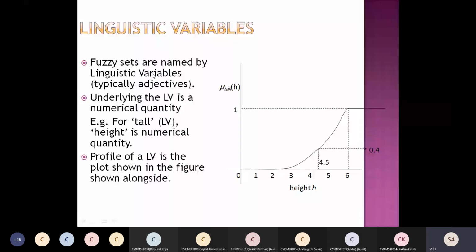Adjectives, adverbs. बहुत ज्यादा, बहुत कम, एवरेज, ये सबको रिप्रेजेंट करने के लिए ही हमने ये थ्योरी लाया है. In simple case you can understand like that.